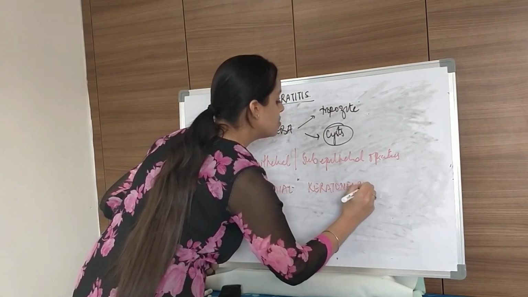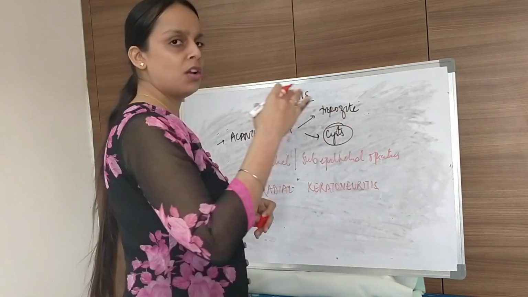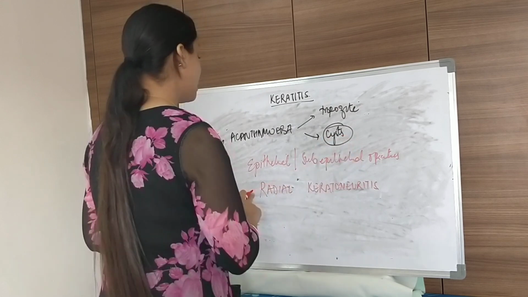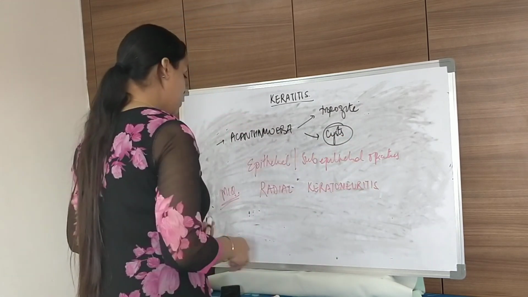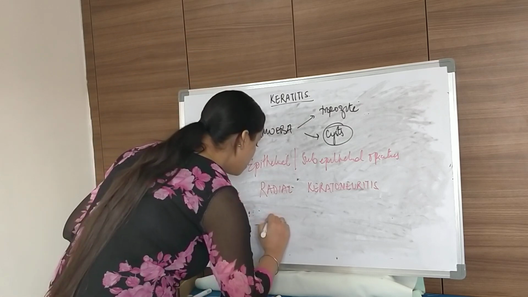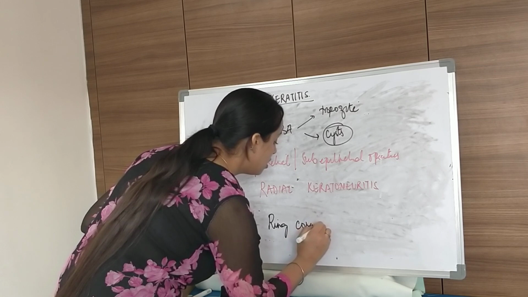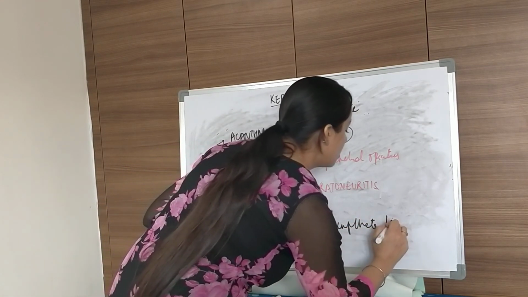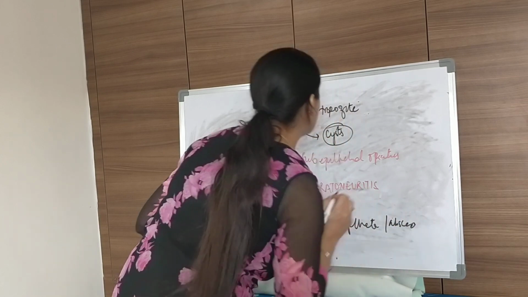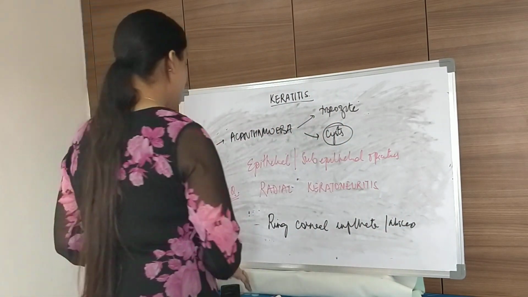So what is this radial keratoneuritis? It has the tendency to infiltrate along the corneal nerves, which is why it is called radial keratoneuritis. And when this form becomes advanced, it leads to formation of a ring corneal infiltrate or abscess. So this is the manifestation of Acanthamoeba keratitis.